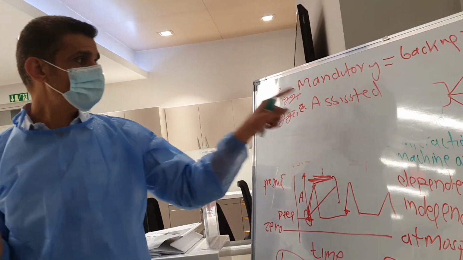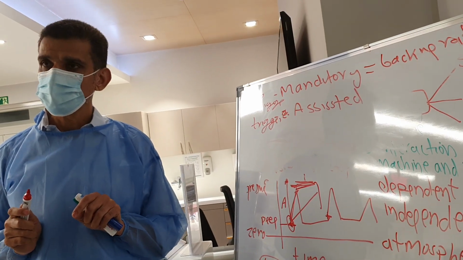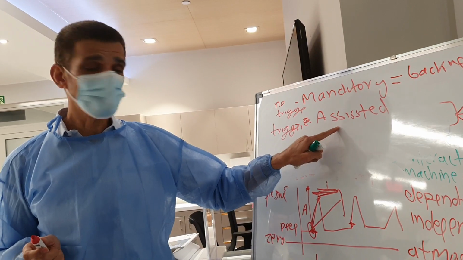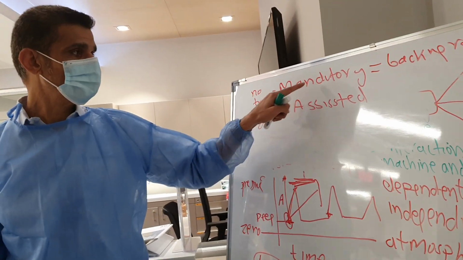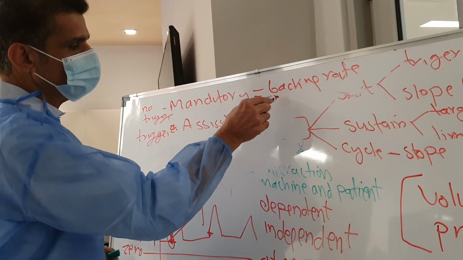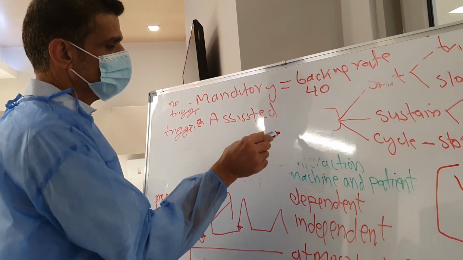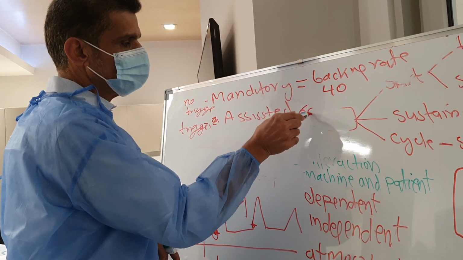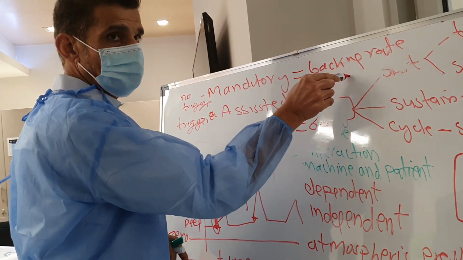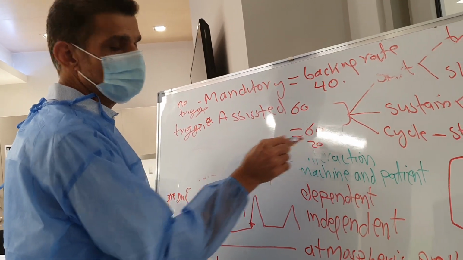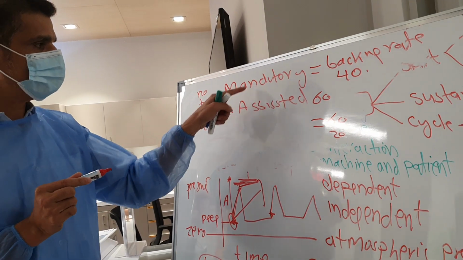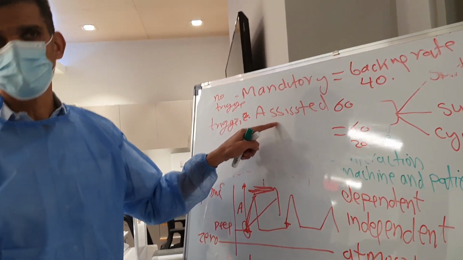So if we do assisted control, we need a trigger because we will give the mandatory and the assisted. So that's called assisted control. We give both of those. So if we set the backup rate to 40 and the patient is breathing 60, the machine will give 60: 40 the mandatory and 20 the assisted. So that's called assisted control, or some people call it SIMV.